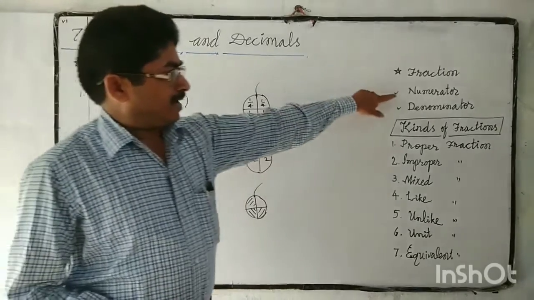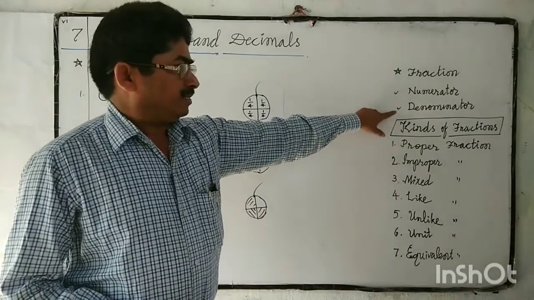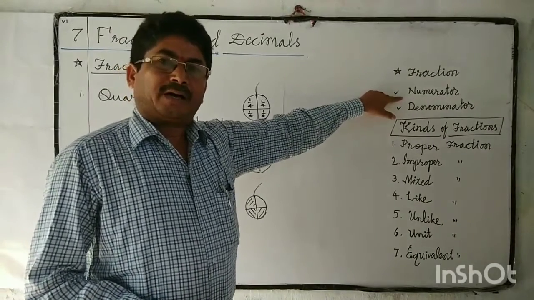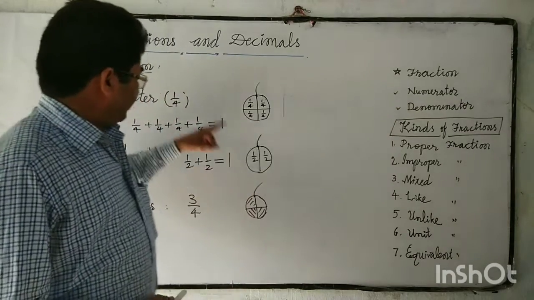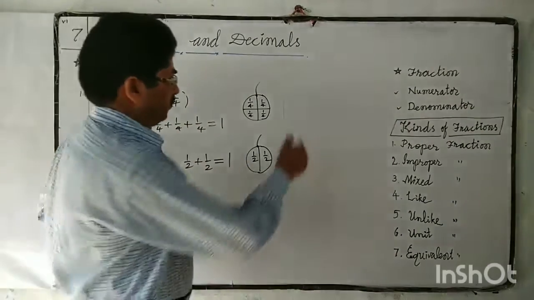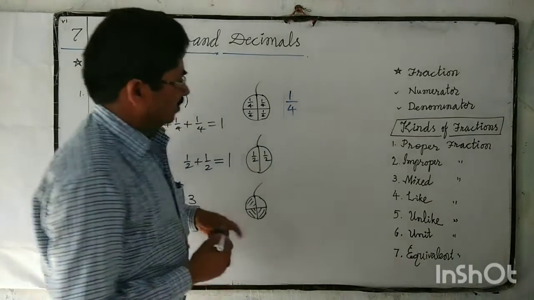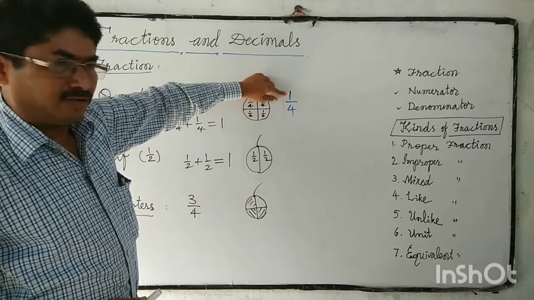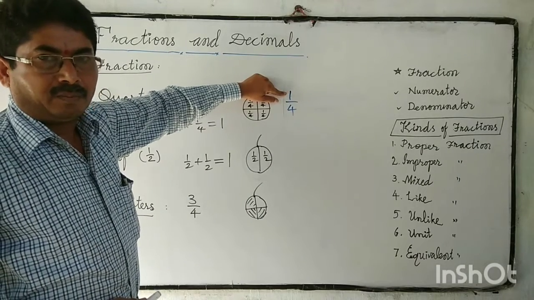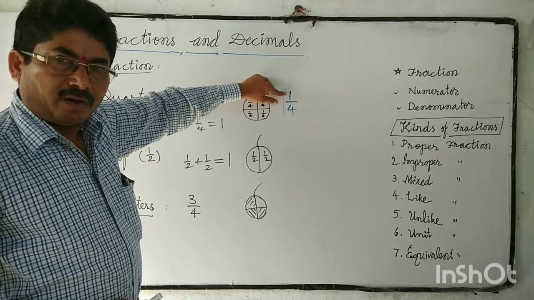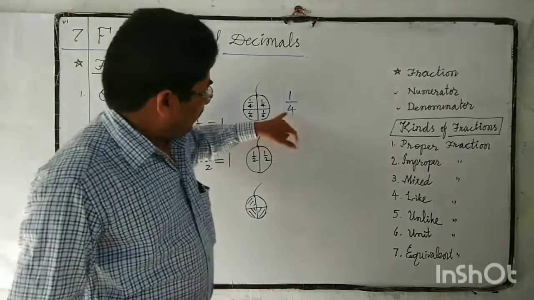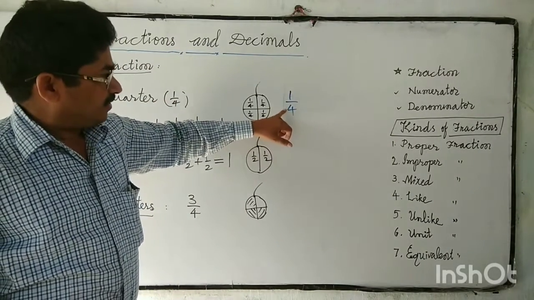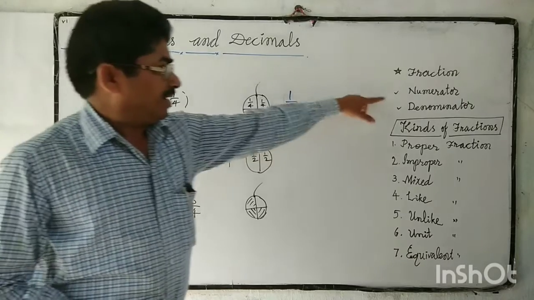Let us see what is a numerator and what is a denominator. Numerator, the number written above the horizontal line in 1 by 4. This is the numerator. The number written above the horizontal line is called numerator. And the number written below the horizontal line, under the horizontal line, is called denominator.